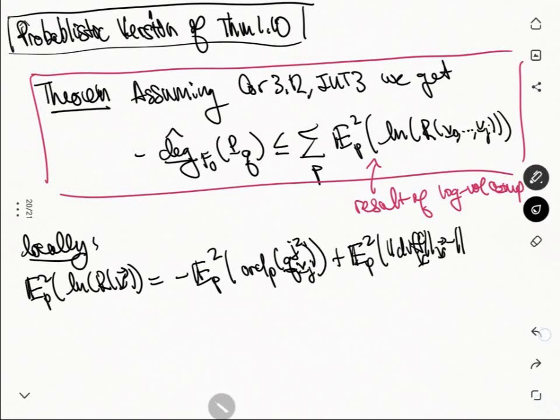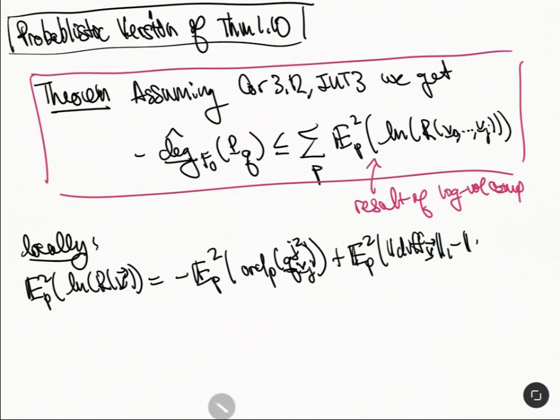Let me clean this up a little bit. So there's J and then there. So that we have 1 minus the biggest one. This is all multiplied by the natural log of P. Then we add this term that comes from ramification.